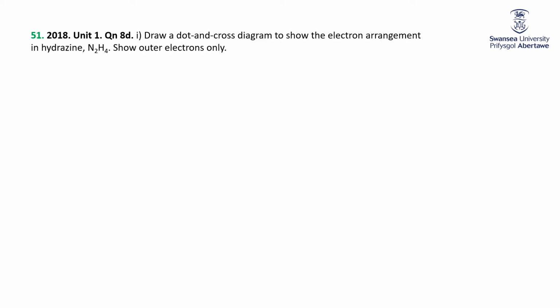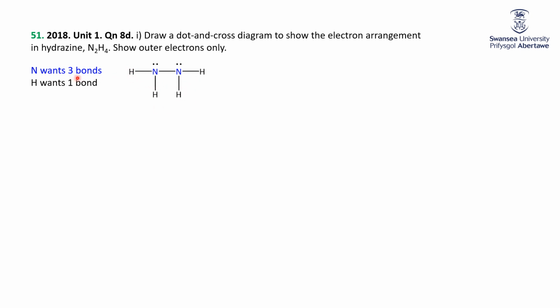Now the dot and cross diagram for N2H4, so I'm going to draw it properly to start with. Nitrogen wants 3 bonds, hydrogen wants 1 each, so that means the nitrogens have to be bonded with each other, and that uses up one of the desired bonds for each one, leaving 2 more bonds, which are filled on each nitrogen by 2 hydrogens.